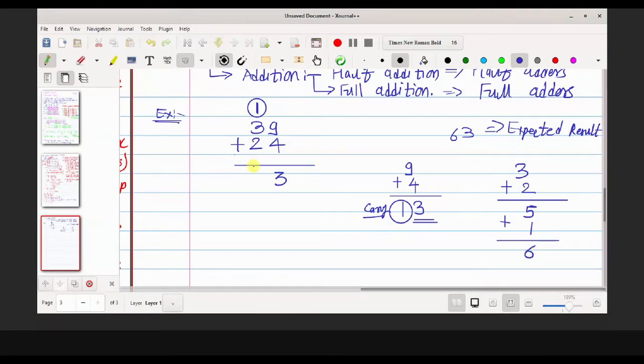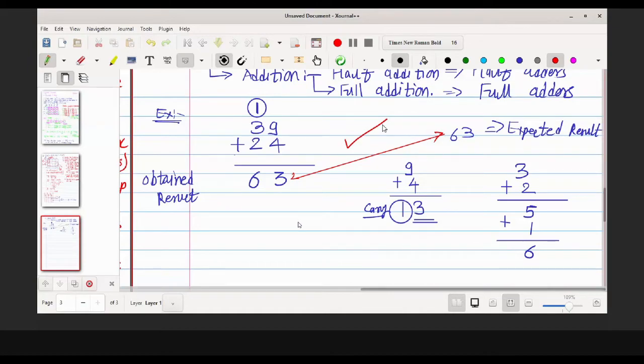And when I put 6 over here, my obtained result is the same as the desired result. You can see they are completely the same, or they are equal. So my addition process is good.